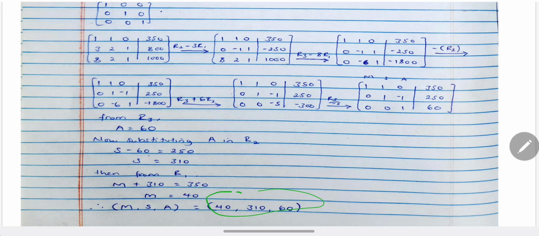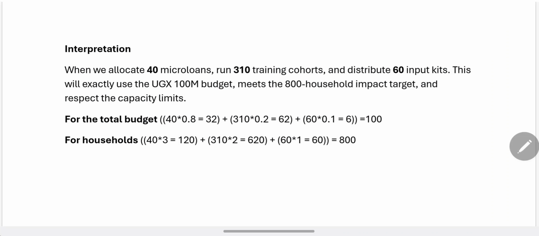What does this imply? This simply implies that when we allocate 40 microloans, run 310 training cohorts and distribute 60 input kits, they will exactly use the 100 million budget that we have, meet the target of 800 households, and respect the limits.